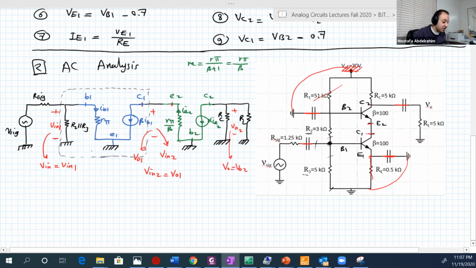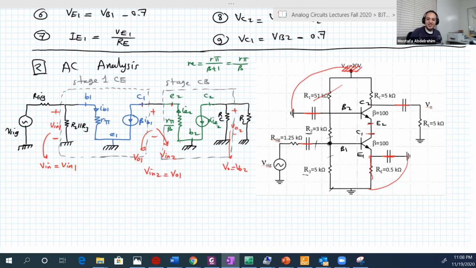The output of the first stage is connected to the input of the second stage. So this is stage 1, common emitter. This is stage 2, common base. And the output of the common emitter is the input of the common base. That's really beautiful. Okay, now your life will be very easy.